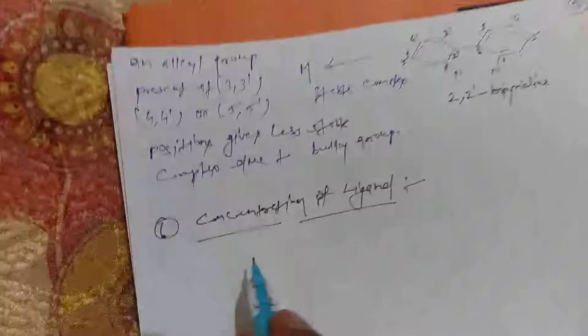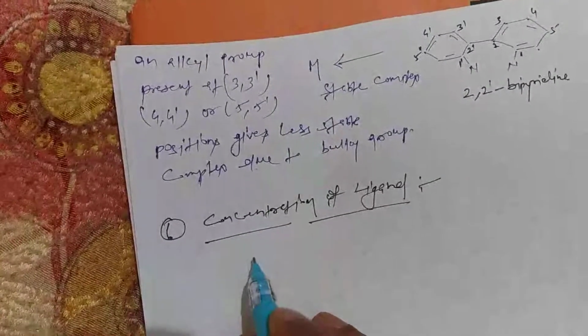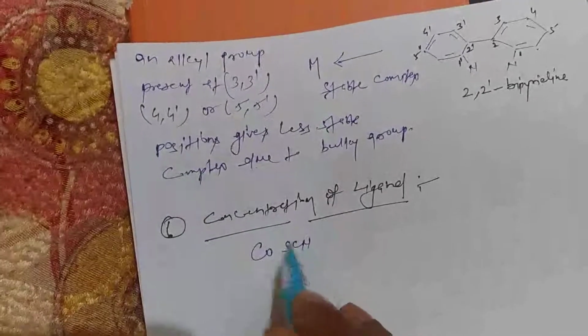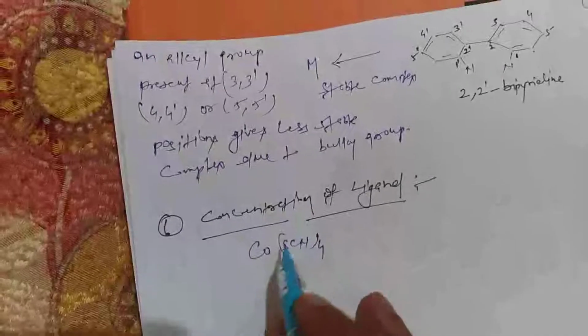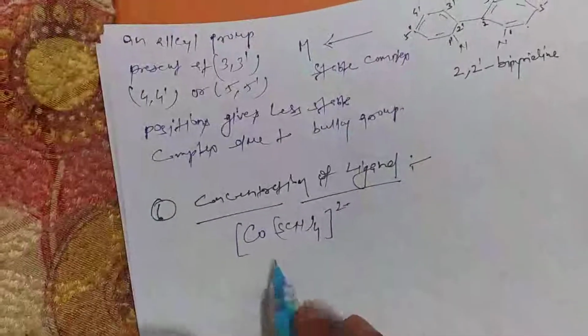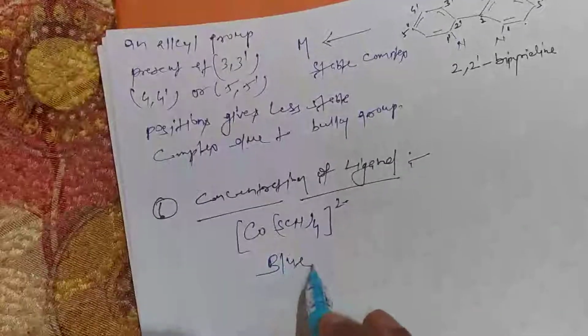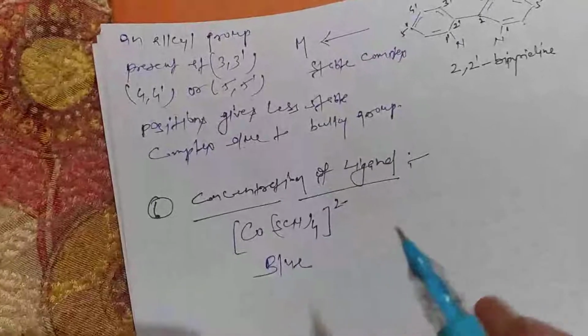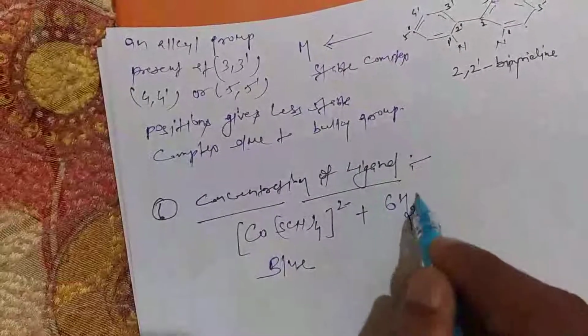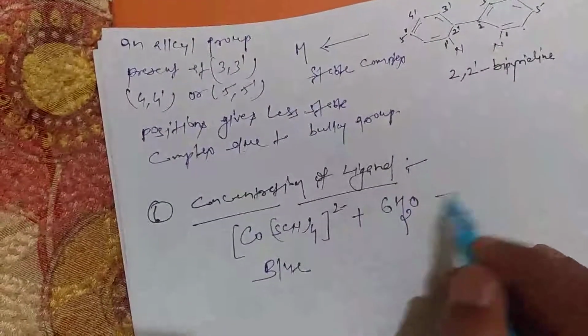Suppose we have a complex. This complex is blue in color, Co(SCN)4 2-. So this complex is blue. And if this complex is diluted in water, what will happen?